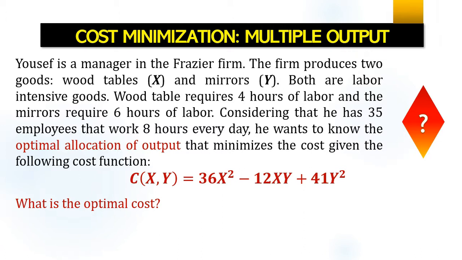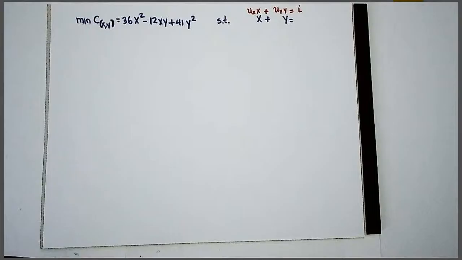Considering that he has 35 employees that work 8 hours every day, he wants to know the optimal allocation of output that minimizes the cost given the following cost function. And then he wants also to know what is the optimal cost.